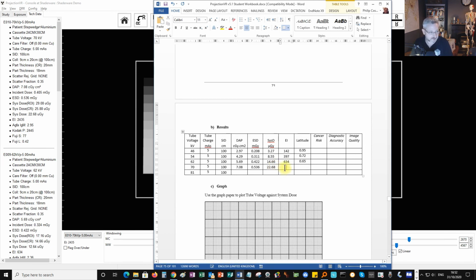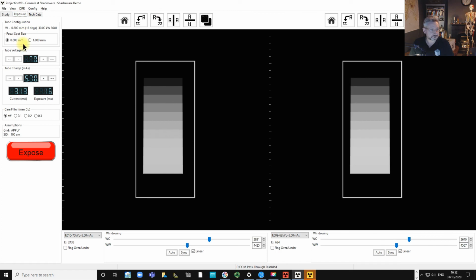And exposure index 2,435. And latitude 0.42. Okay, 81 is the final one. So we'll go up to 81.